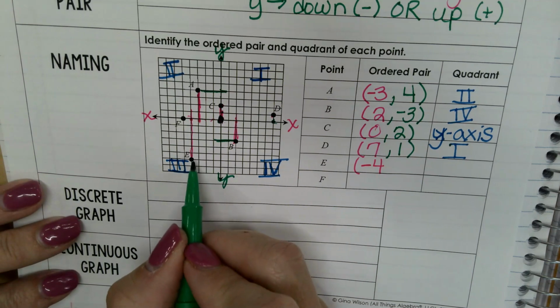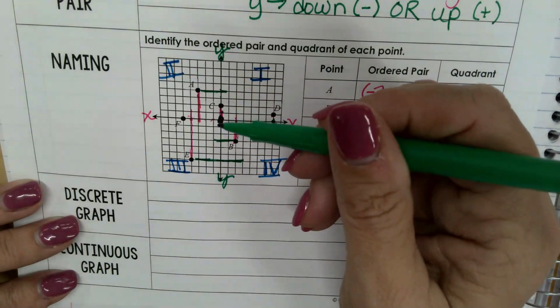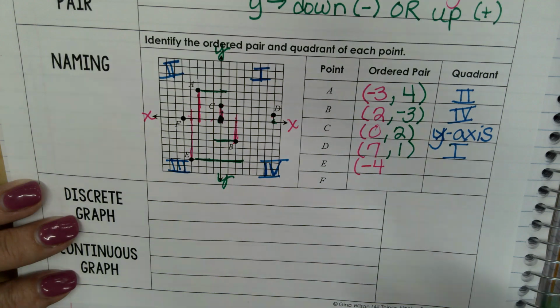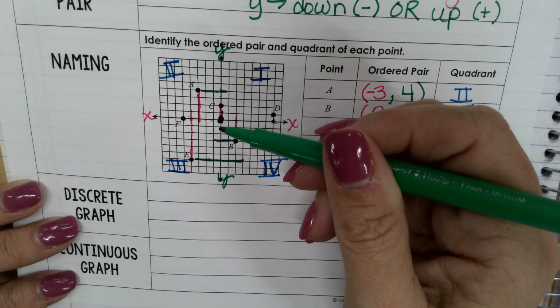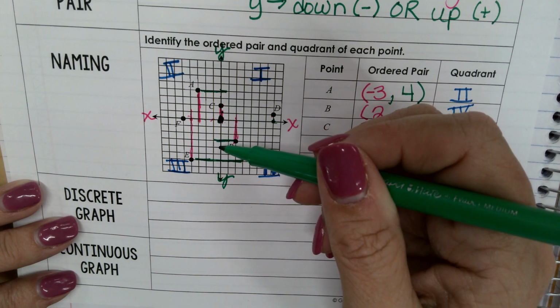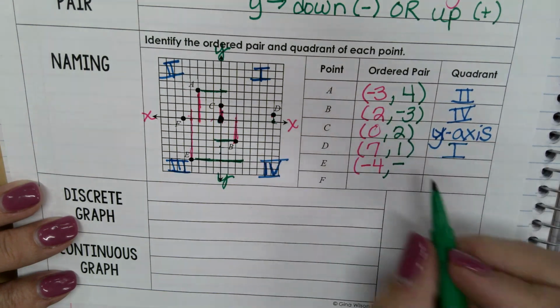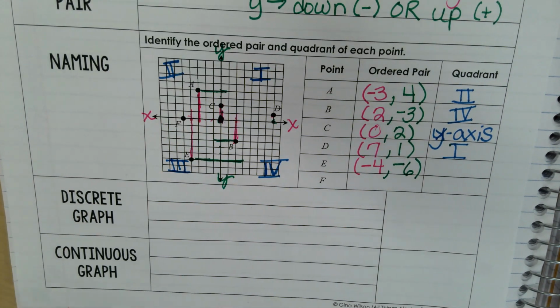All right, now I'm going to see where it touches on the y-axis, or how many did I go down from the origin? What does down mean, people? Negative. Okay, so I'm going to start at the origin and go down 1, 2, 3, 4, 5, 6. That's where E is, down 6. Okay, now let me double check.